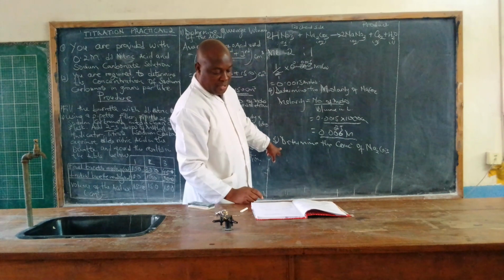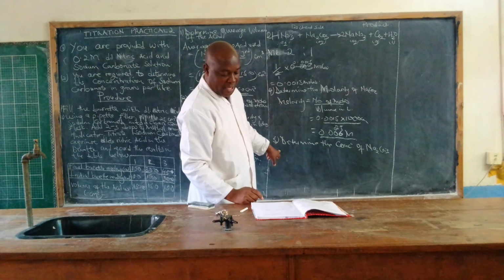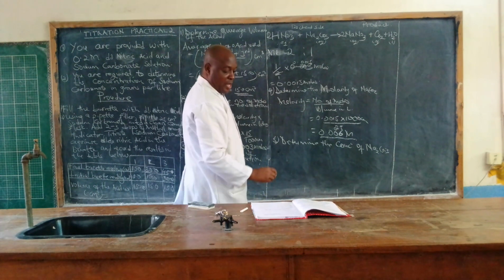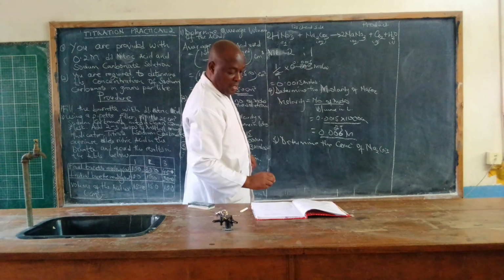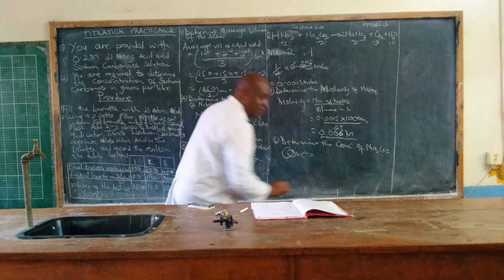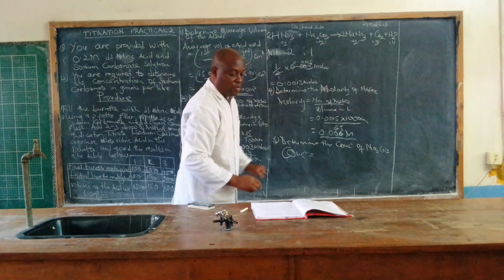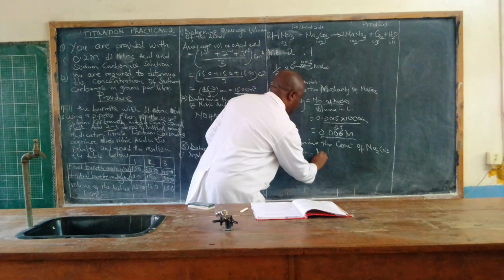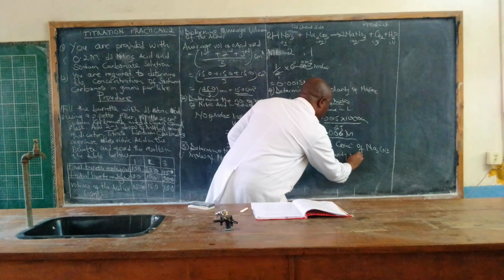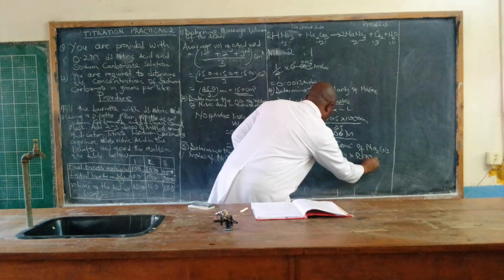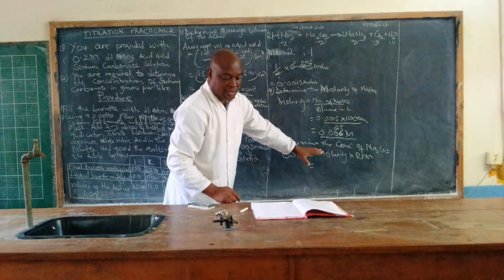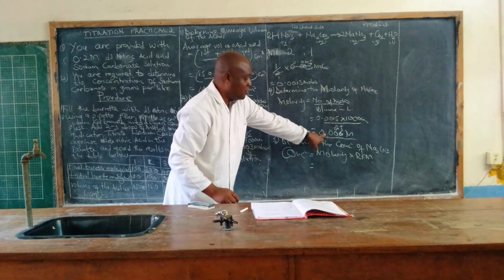Determine the concentration of sodium carbonate in grams per liter. We are going to approach it this way. Concentration is always equivalent to molarity times the RFM.